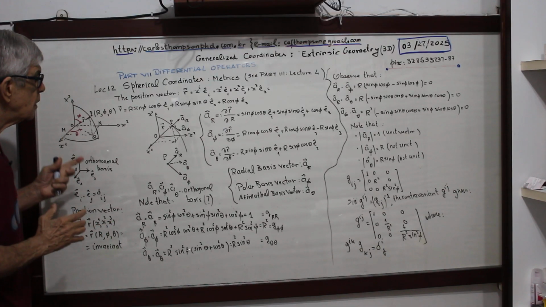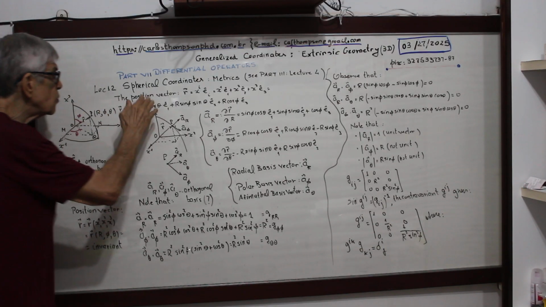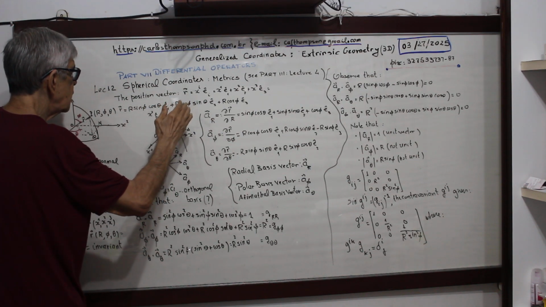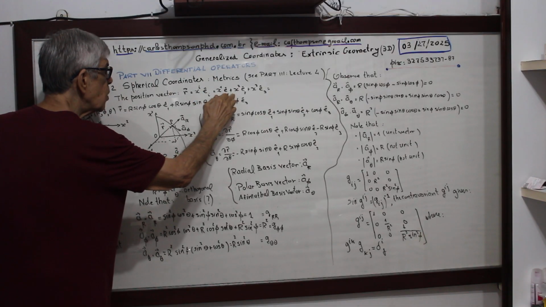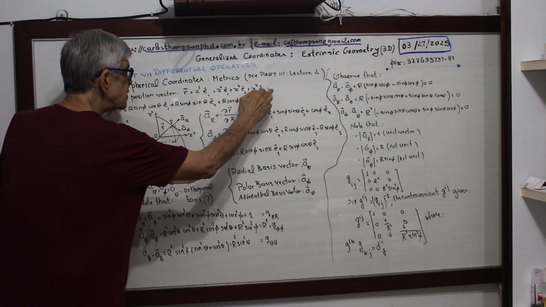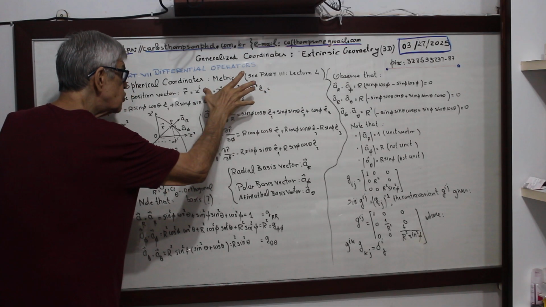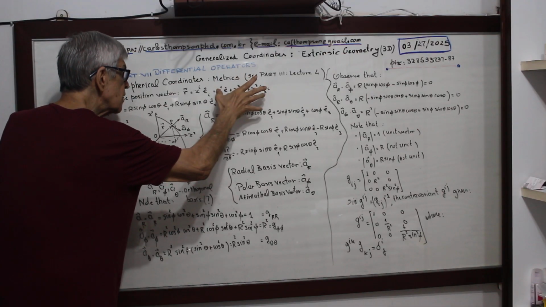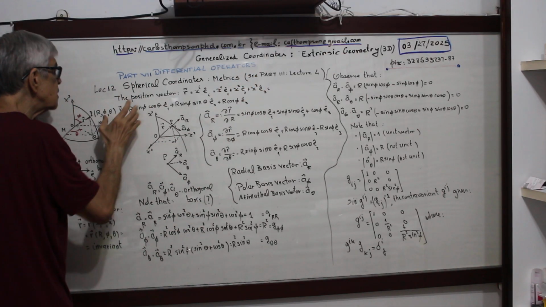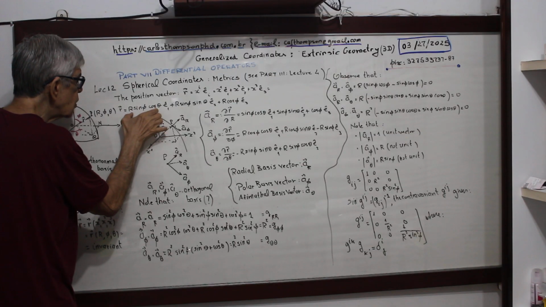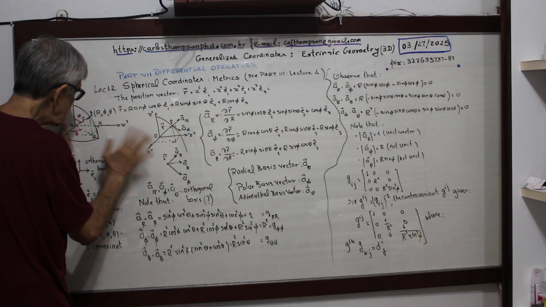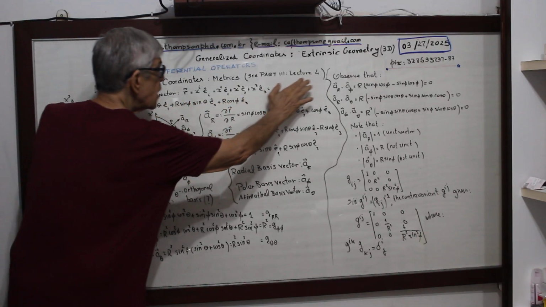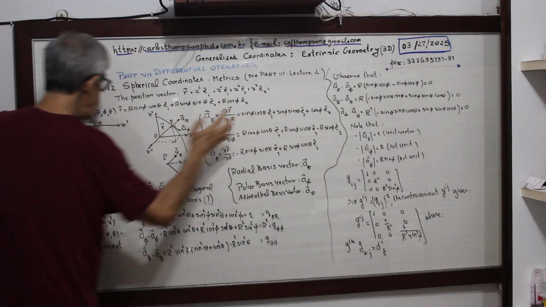Now, the position vector here is x_i e_i, x1 e1 plus x2 e2 plus x3 e3. Attention now, this is invariant, so I can represent it in terms of these coordinates here, r, phi, and theta. Look, it's easy, as we did on lecture 4, part 3.